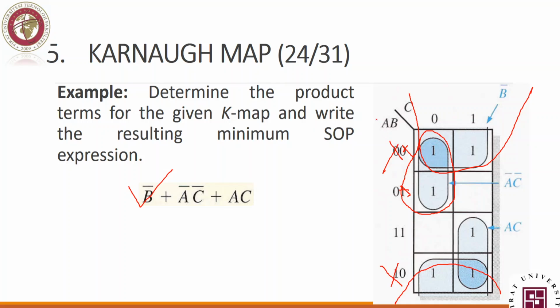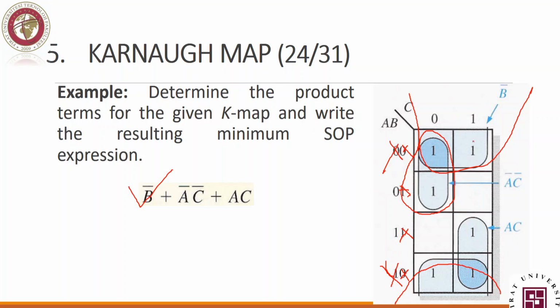B is cancelled, A bar, C bar. A bar here, 0, 0 is common, 0, 1, B is cancelled, then C bar. How about this here? Now look at this. Here we have A common, B is changeable. 1, 0, they cancel each other. What's left? A and complemented.